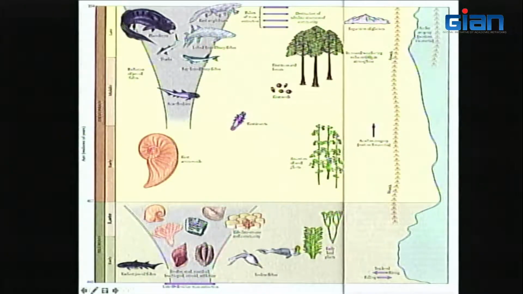And we have the very early plants on land. And in the Devonian, we have the famous first ammonites. We have the first insects, and especially the first seed plants and the first forests here.